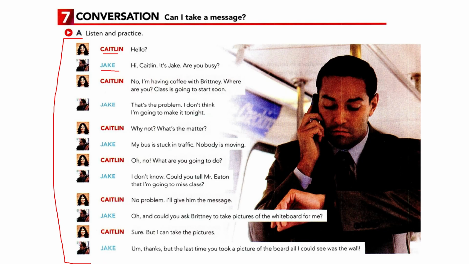What are you going to do? Sorry, traffic jam. Oh no, what are you going to do? I don't know. Could you tell Mr. Eaton that I'm going to miss class? No problem. I'll give him the message. Oh, and could you ask Brittany to take pictures of the whiteboard for me? Sure, but I can take the pictures. Thanks. But the last time you took a picture of the board, all I could see was the wall. I imagine that he said that in that tone.